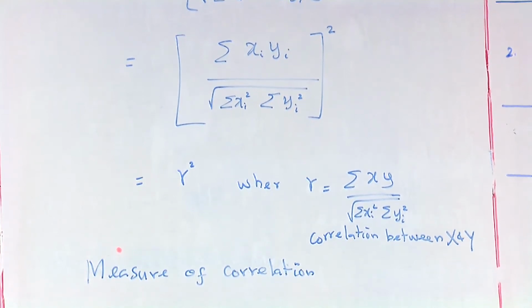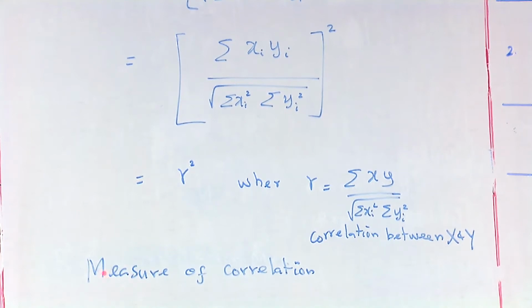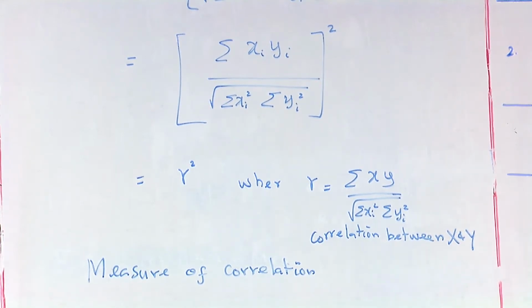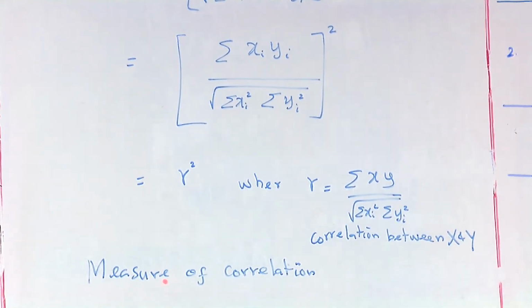It's a square value, so it will always be positive. So R square in sum may be interpreted in three ways: one, a measure of goodness of fit; the measure of proportion of variation explained by the model; and the measure of correlation between x and y in the simple linear regression model.